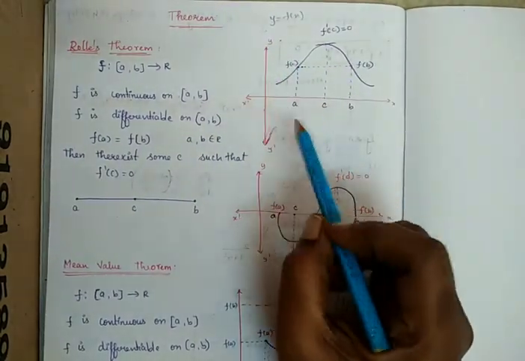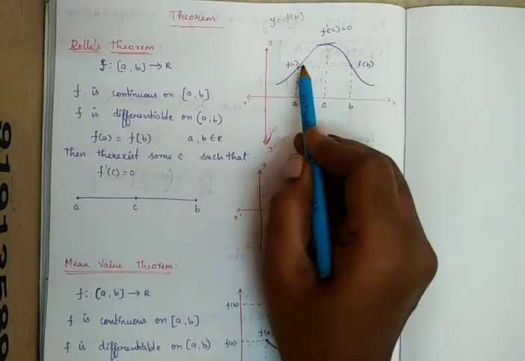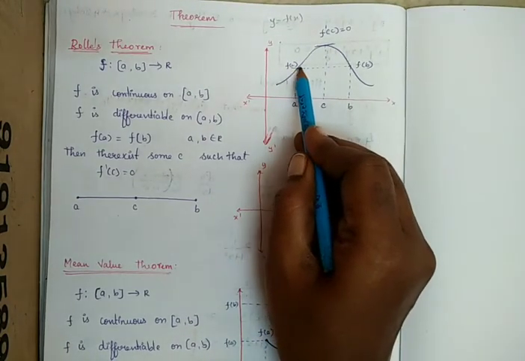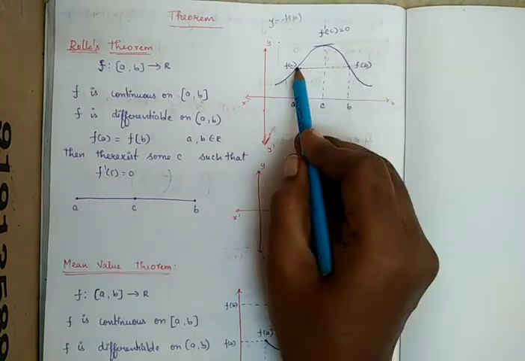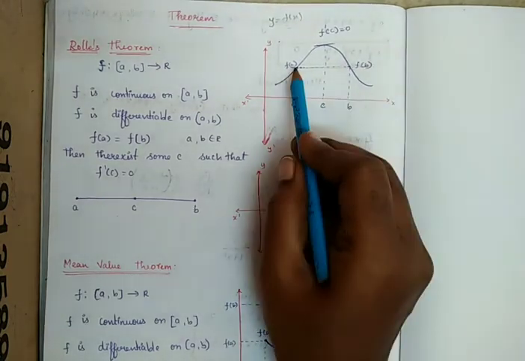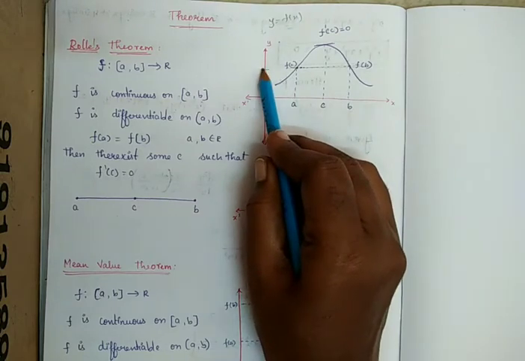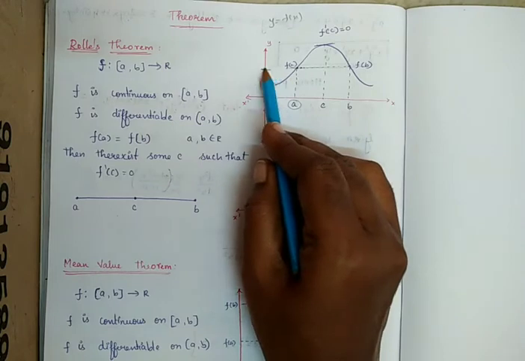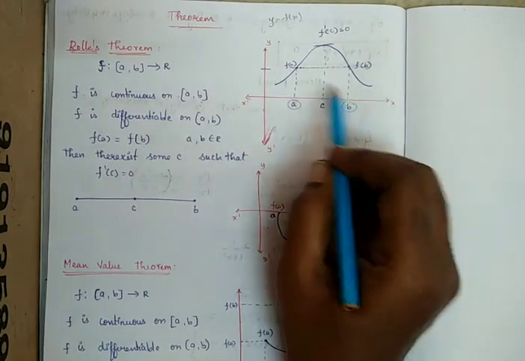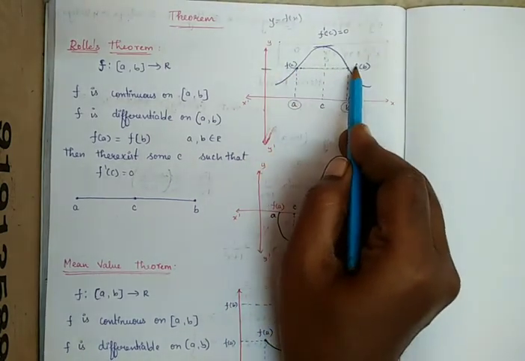If I draw a line, it means in the x-axis I have two different values, and in the y-axis I have the same value. For a I have the same y value, and for b also I have the same y value.